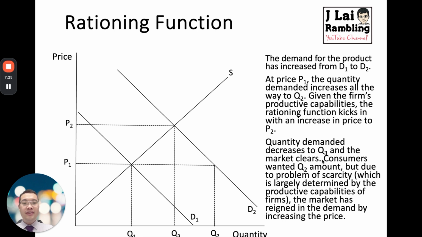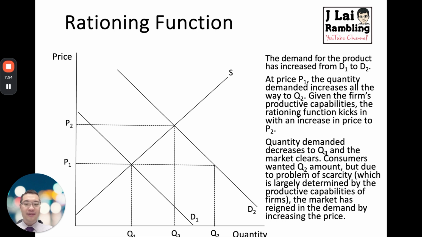Quantity demanded decreases to Q3 and the market clears. Consumers wanted Q2 amounts, but due to the problem of scarcity, which is largely determined by the productive capabilities of the firms, the market has reined in. Okay, they've pulled it back in by increasing the price. Sorry, you cannot have Q2, but you may have Q3, assuming that you are willing to pay P2.